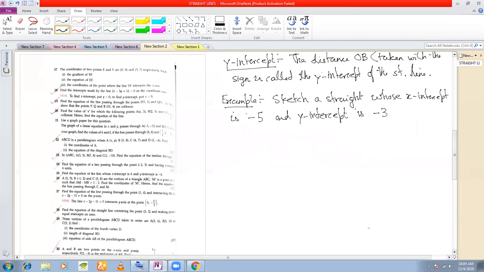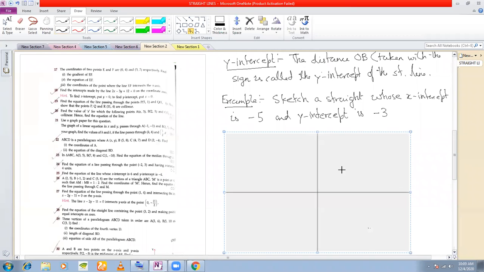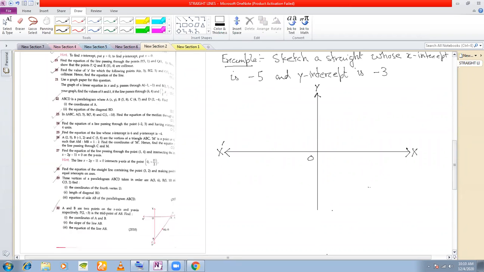Then how will you sketch the straight line? Okay, this is your coordinate axis.